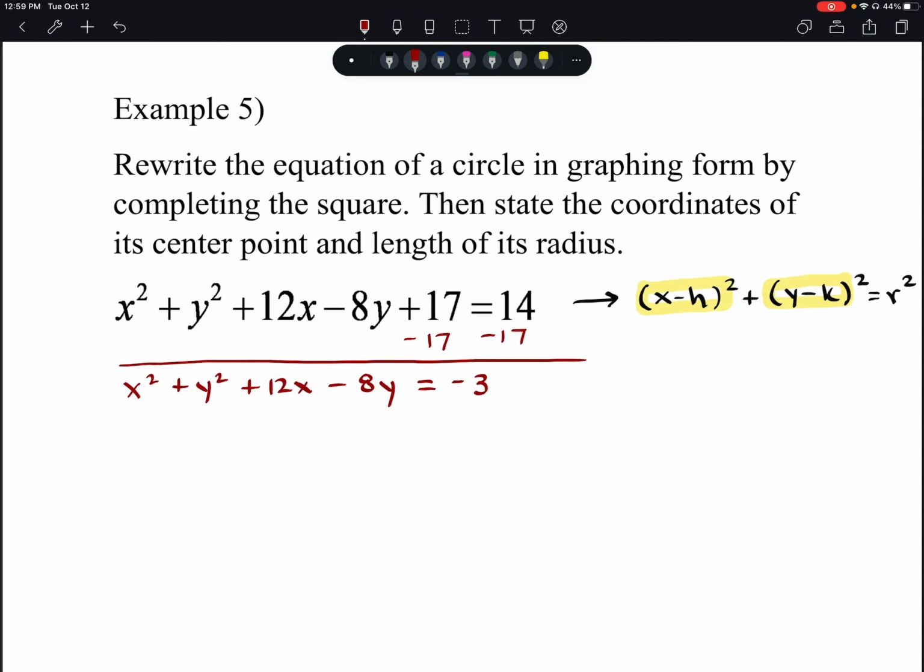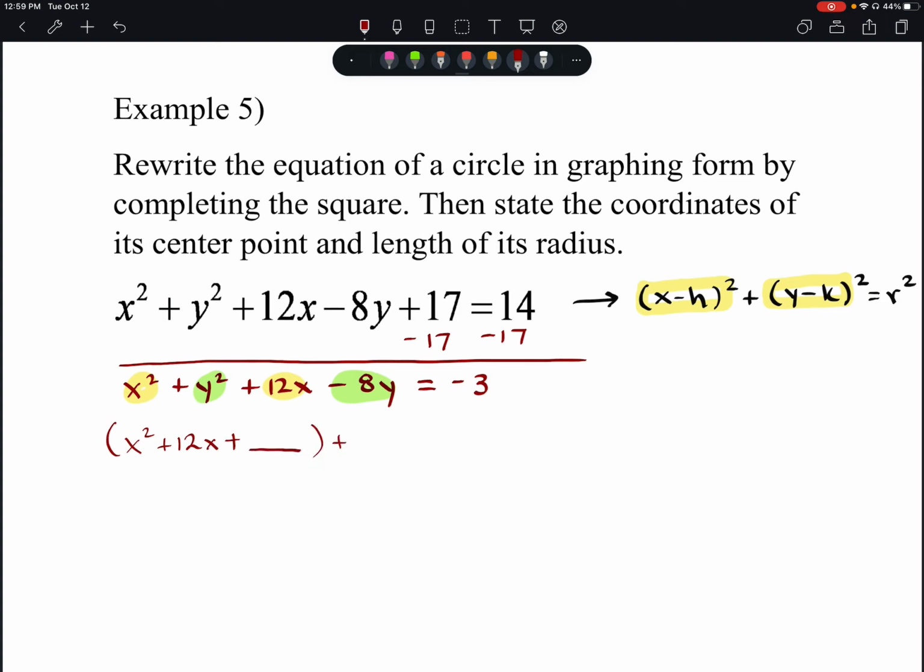All right, now let's take the time here to set this up. I'm going to put my x terms together, and I'm going to put my y terms together, and then look to complete the square. So I'm going to open a parenthesis and say x squared plus 12x, plus blank.